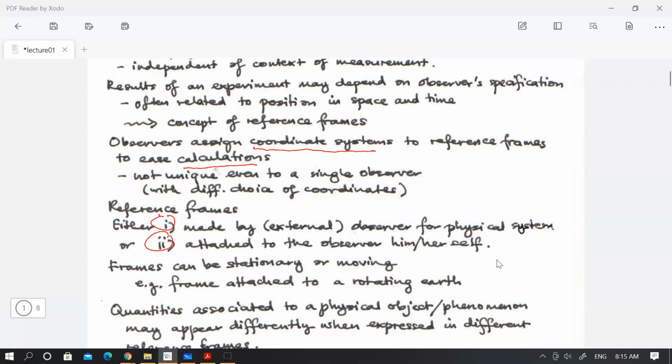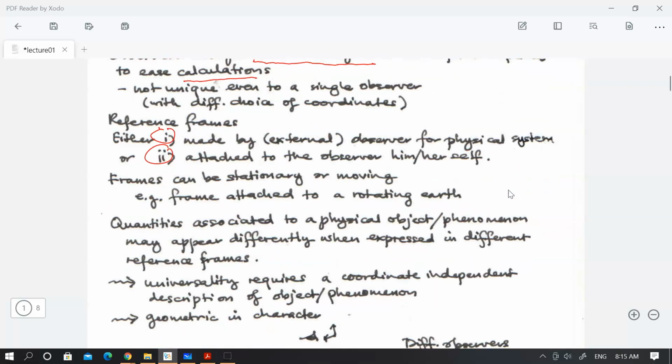And the frames themselves can be stationary or moving. This is probably known to you. For example, when you do physics in a moving car, you might see some deviations from the normal physical laws, particularly when it's accelerating.